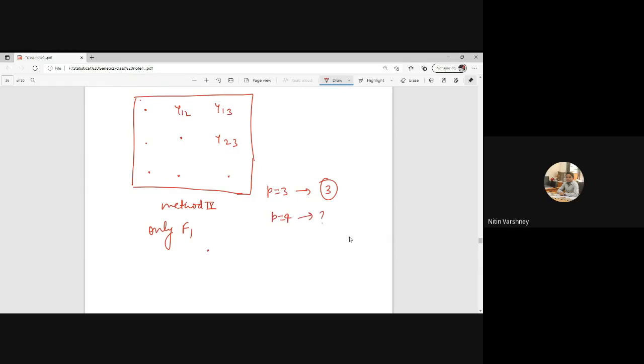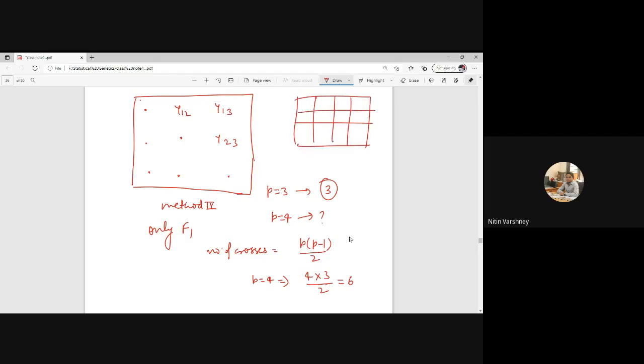The formula is p into p minus 1 by 2. If p is equal to 4, then 4 into 3 by 2, that is 6. How? Again, if we see 1, 2, 3, 4, we ignore this. 1, 2, 3, 4, 5, 6. So 6 is the answer.